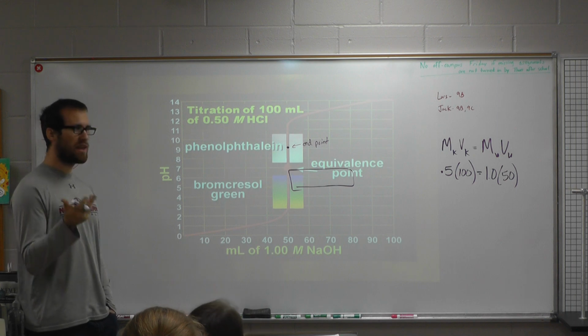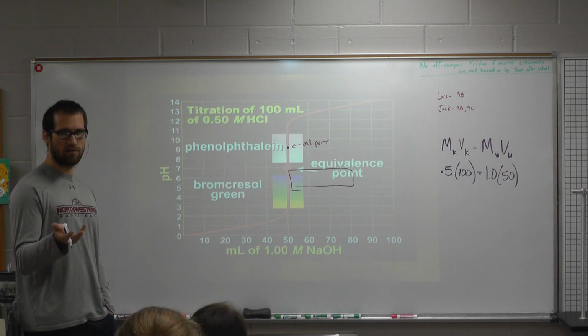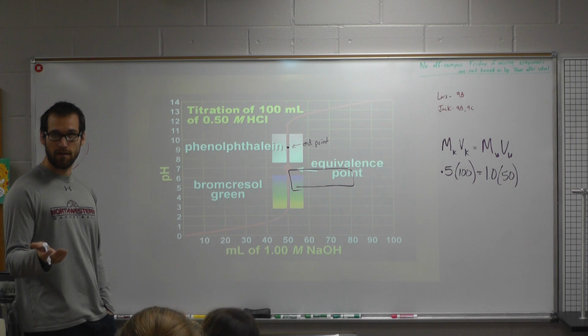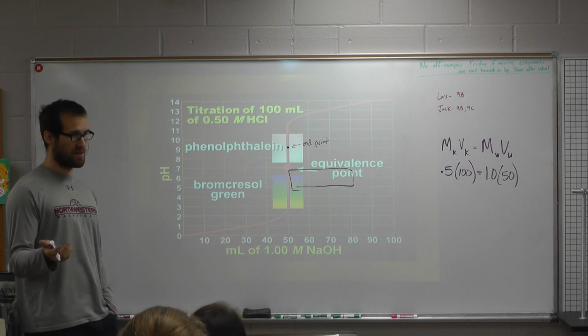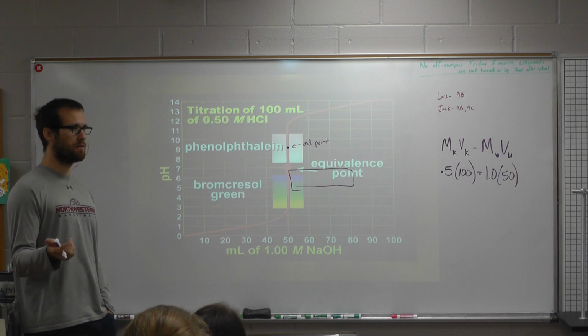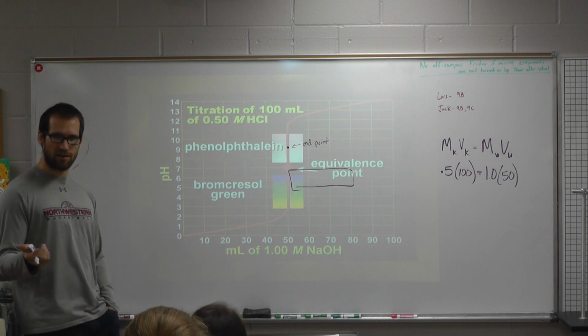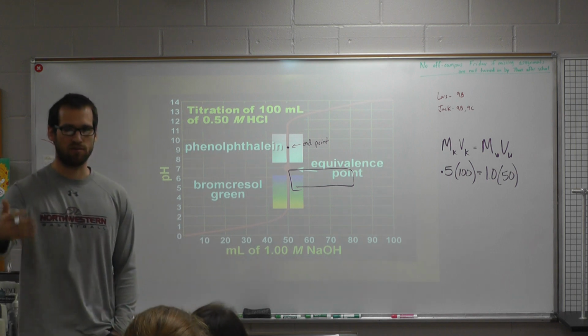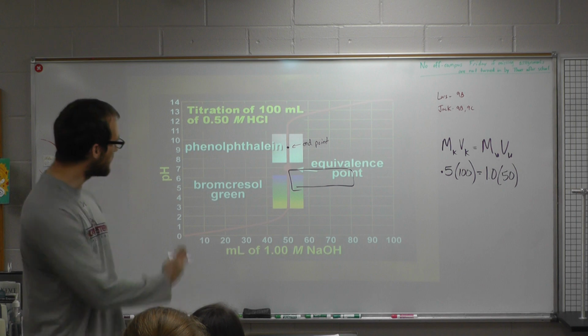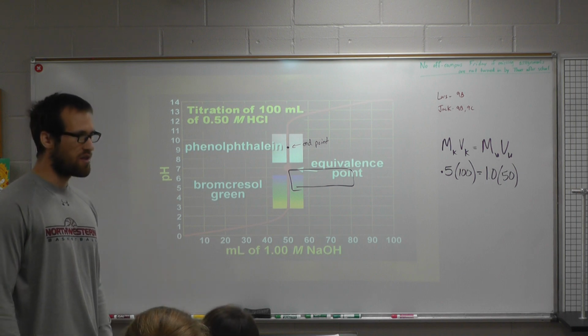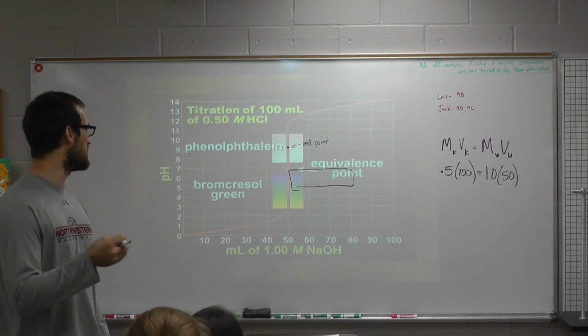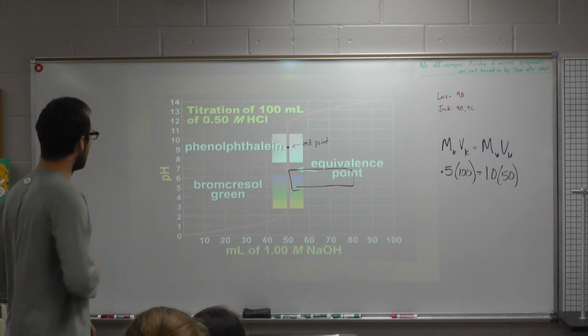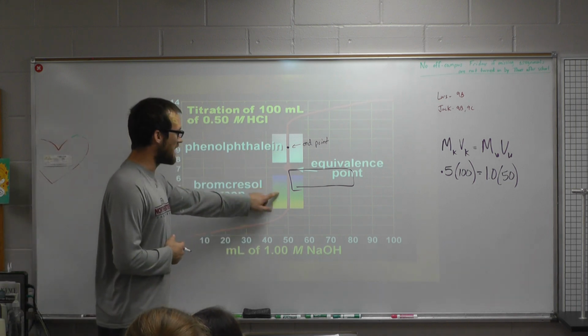But we can have different indicators, right? Each indicator has a specific endpoint. Do you think there's an indicator that has an endpoint really close to the equivalence point? Of course, there are indicators that have endpoints really close to the equivalence point. Just not these two. There's different reasons why we would want an indicator to be not at the equivalence point.